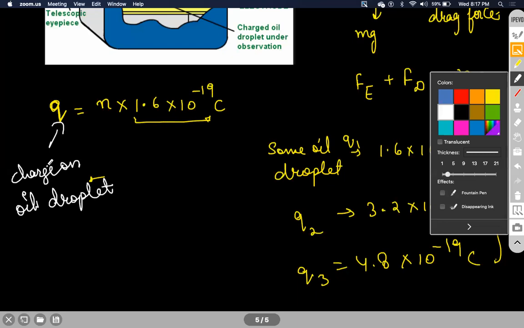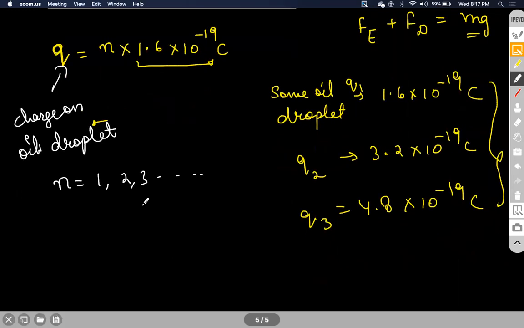So the charge on the oil droplet is this, and N is nothing but 1, 2, 3, and so on. Just write the last line, and then I will stop the class.